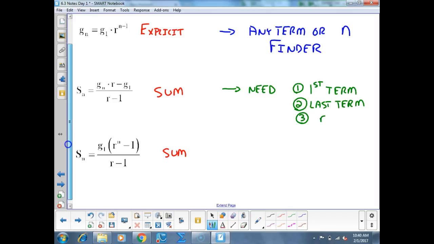If we don't have any of those, we have to use the explicit formula to get them, right? In terms of the one that we just developed, then, what do we need?